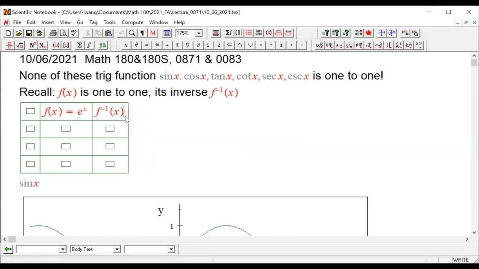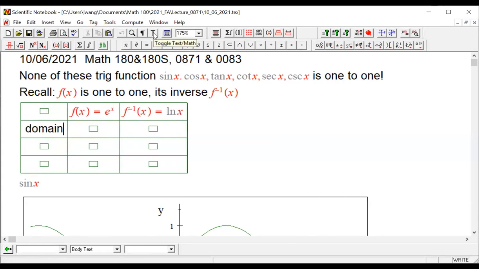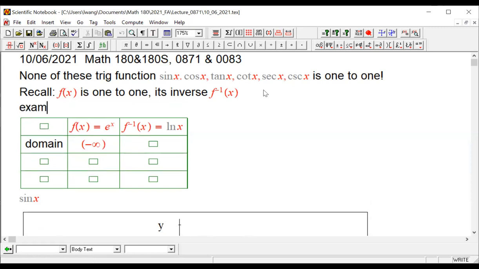Its inverse is ln x. The domain of e to the power x is all real numbers, while the domain of ln x is x greater than 0. This is the example I just want to recall.